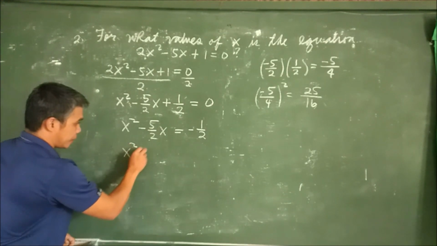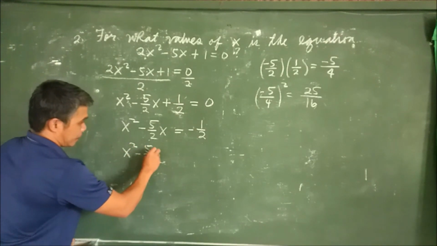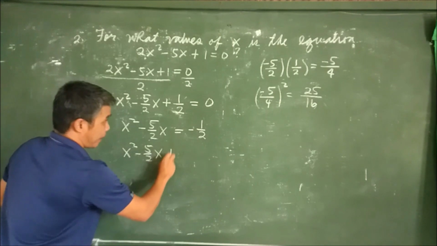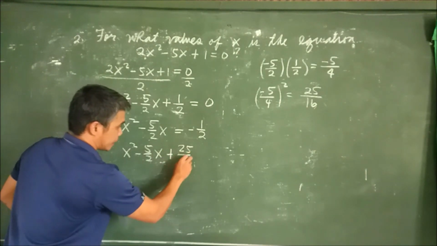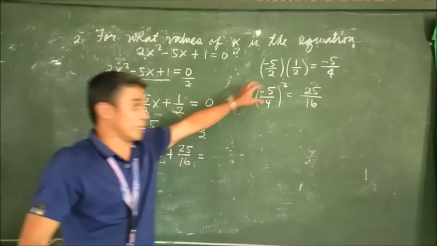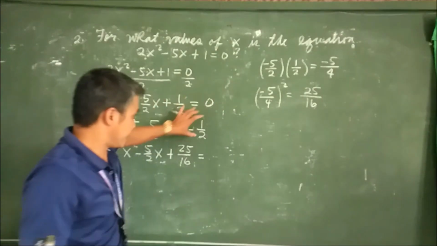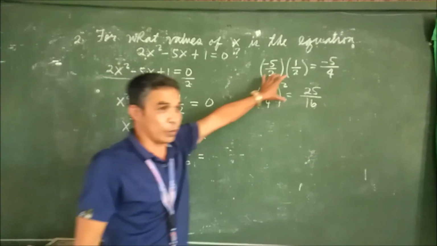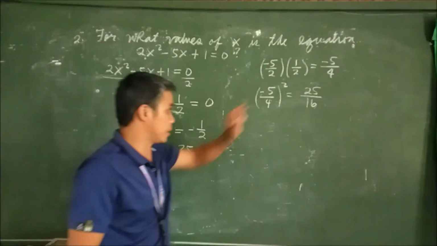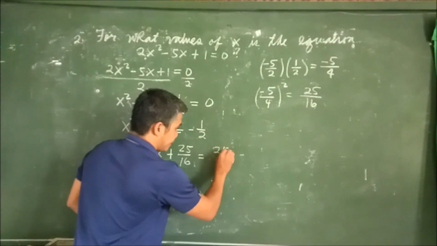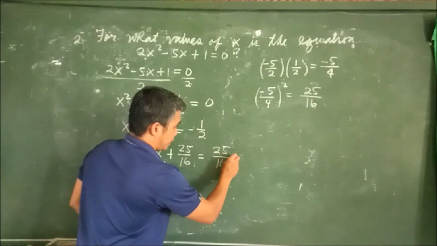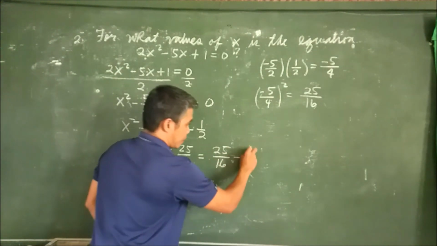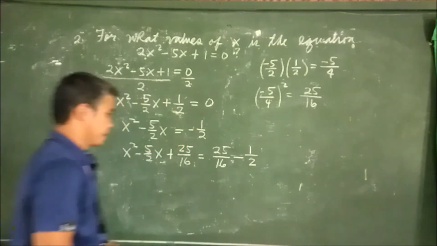X squared minus 5 over 2 x plus 25 over 16 is equals to, since positive ang natin i-plus dito at saka ito naman ay negative, uunahin na lang natin isusulat dito ito. Then 25 over 16 minus 1 half.